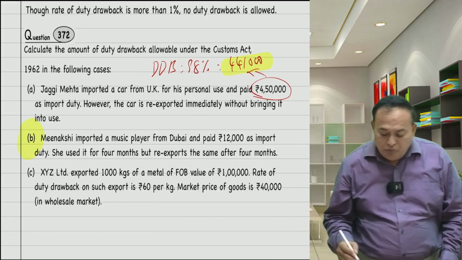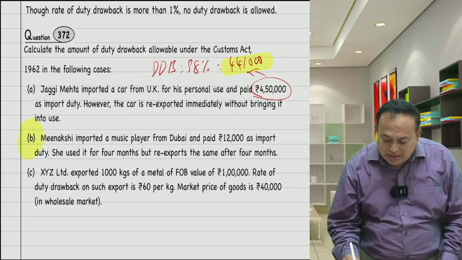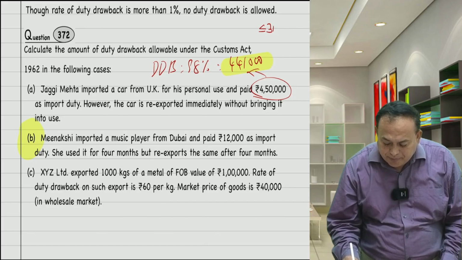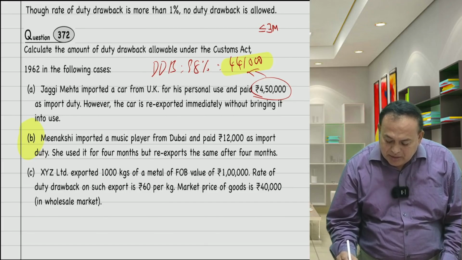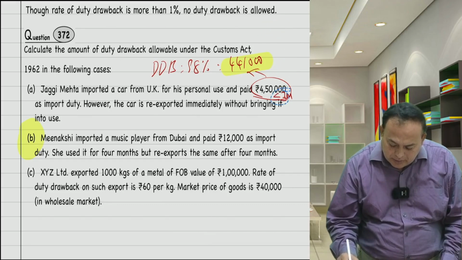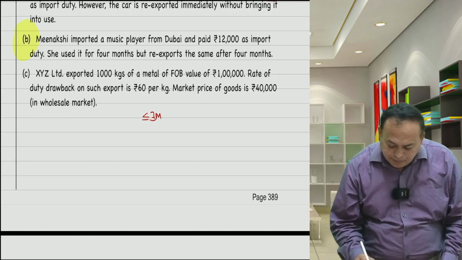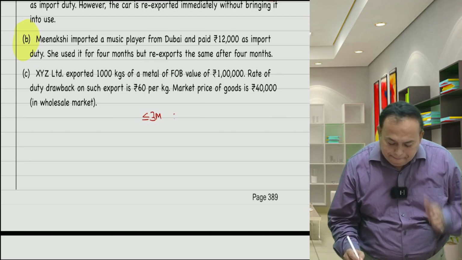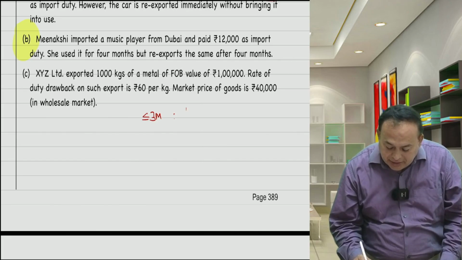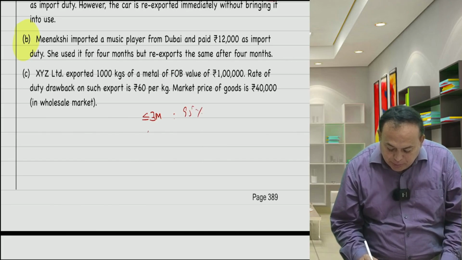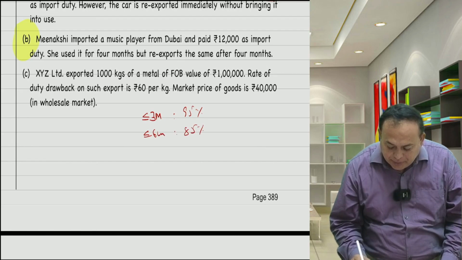If so, we have the 3 months concept. Within 3 months, if you export back, you can prepare a statement like this. Within 3 months, exporting back is equal to 95%. If exporting within 6 months, 85%.